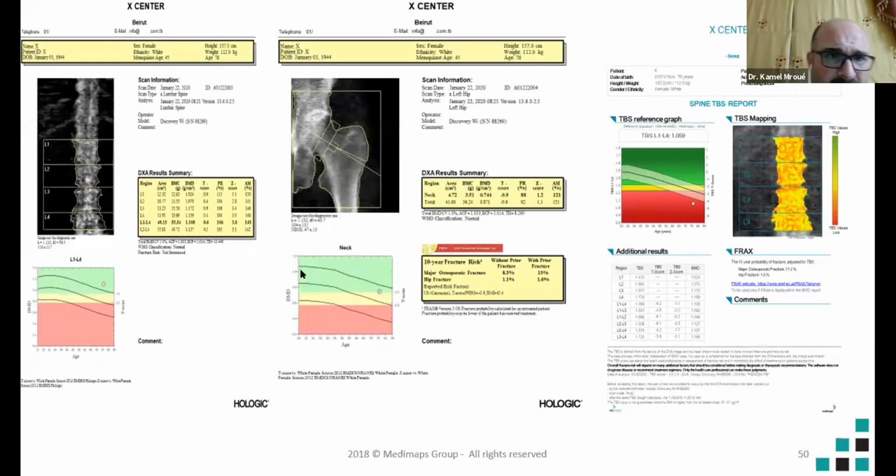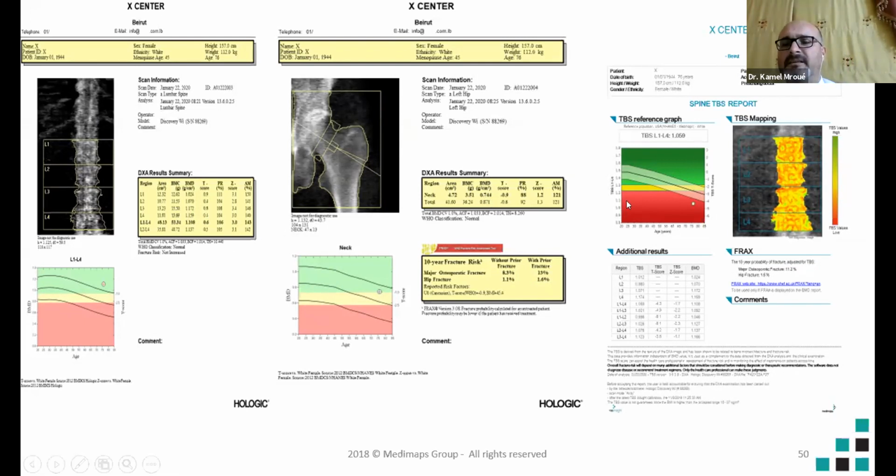Another case is a 76-year-old female who has a normal lumbar spine T-score, probably from her osteoarthritis. This is falsely normal. Her hip neck was -0.9, the total hip T-score -0.6, and her FRAX was 8.3% for major osteoporotic fracture.